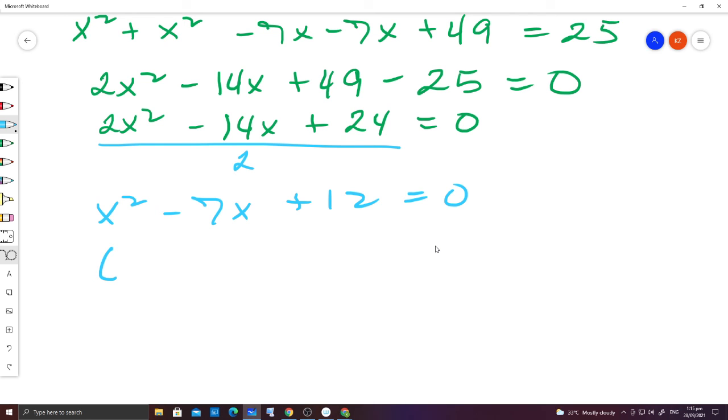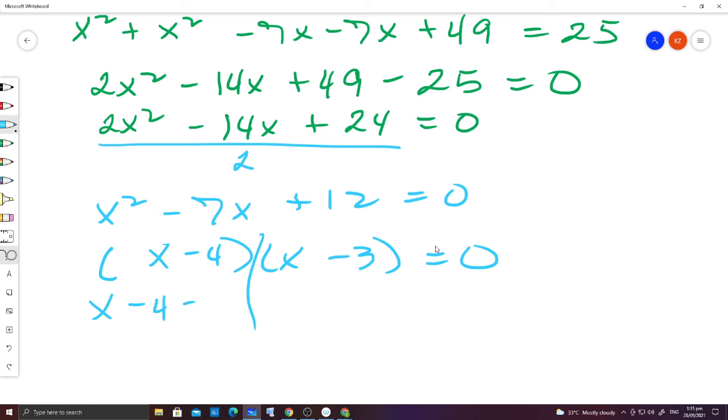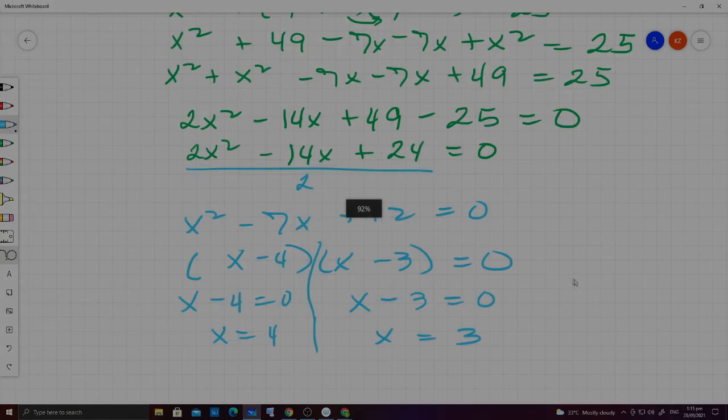Factor it. So we have x minus 4, x minus 3 equals 0. So x is equal to 4, x is equal to 3. And then I'm sure you can get the value of y on your own.